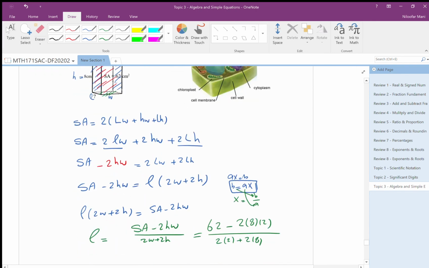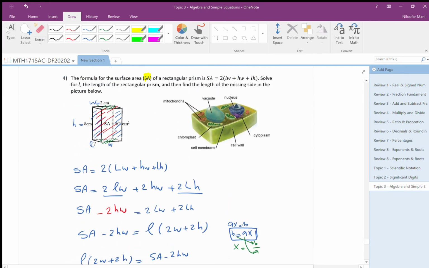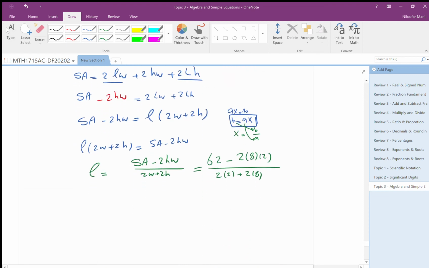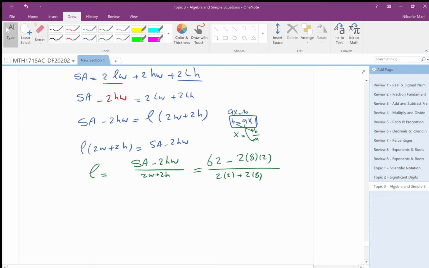So I multiplied 2 with that side, and then I keep all the L on one side and everything else on the other side, and then I factor L, and then I just do the division. It doesn't matter which side. Look at that, it's okay. See here, still L is this divided by this, which is beside L.